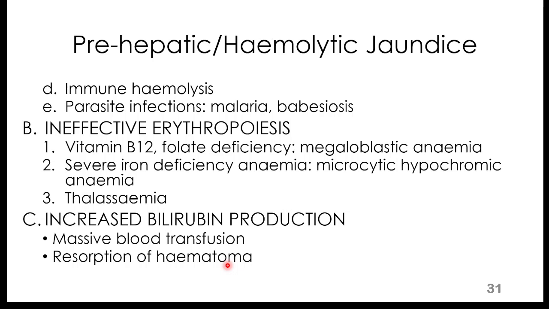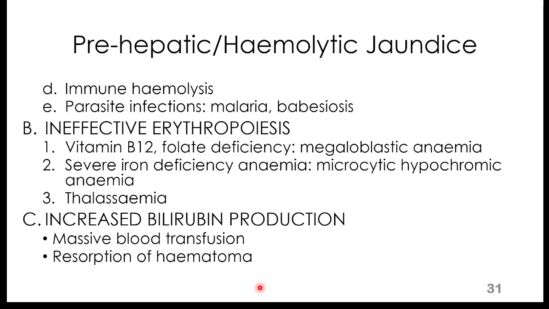Most of it will not have been conjugated. Now, it can also be caused by ineffective erythropoiesis, as in vitamin B12, folate deficiency, iron deficiency anemia, or thalassemias, or increased bilirubin production, such as when patients are given massive blood transfusions, right?